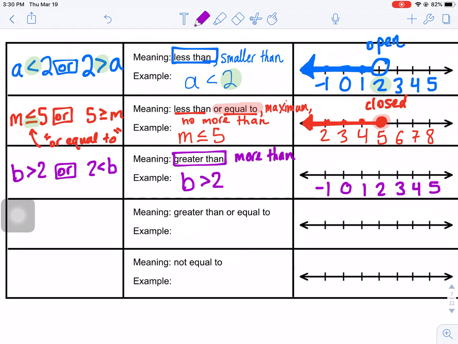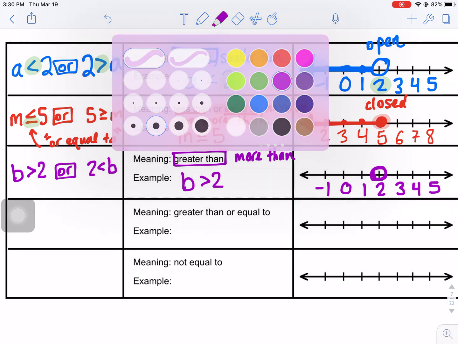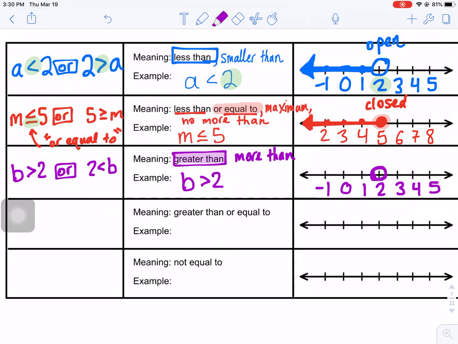There's no or equal to, so we're going to have an open circle at 2. And then we want all the numbers greater than 2.